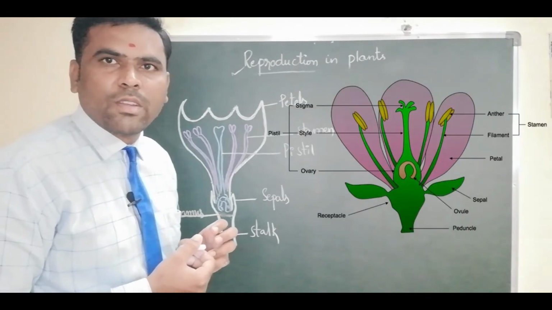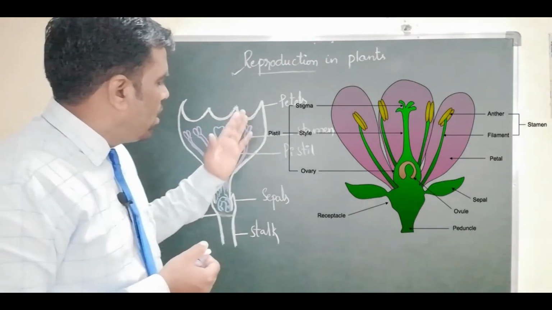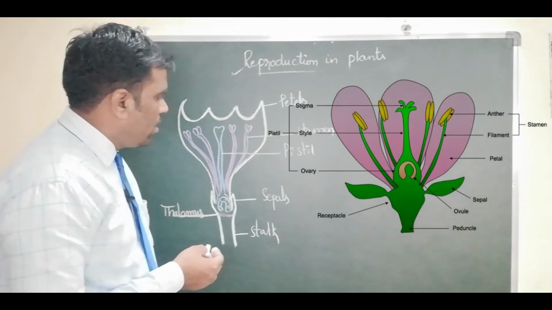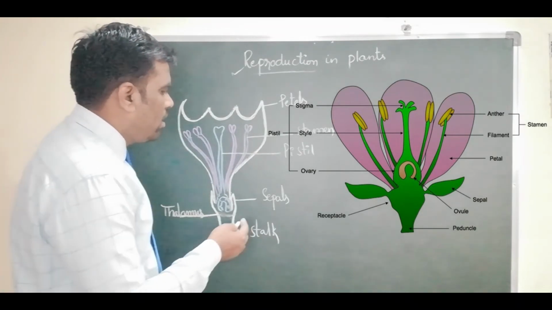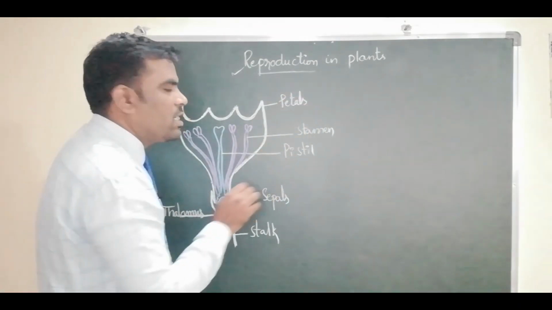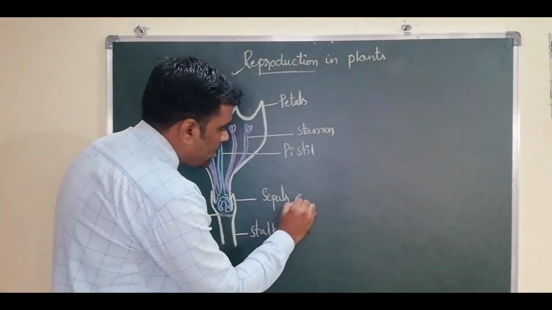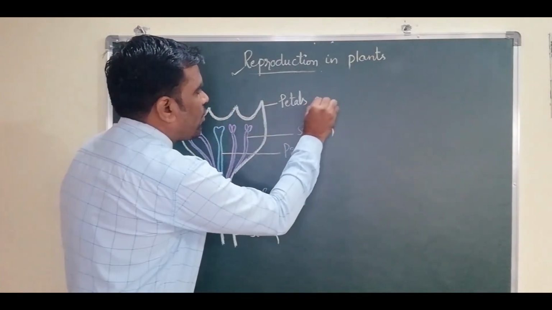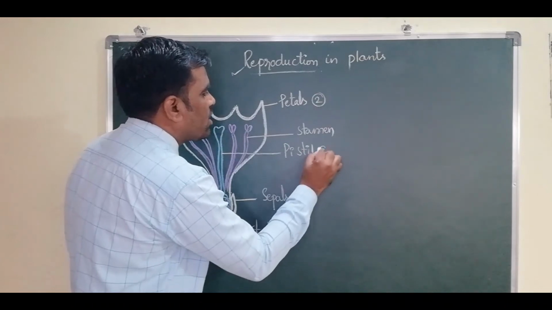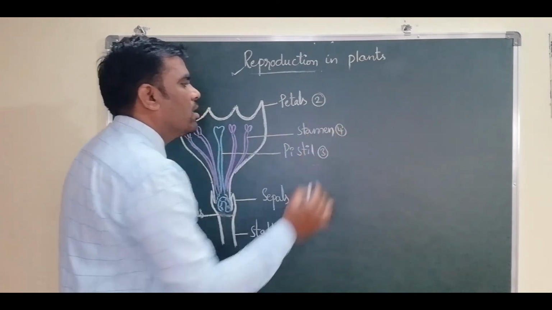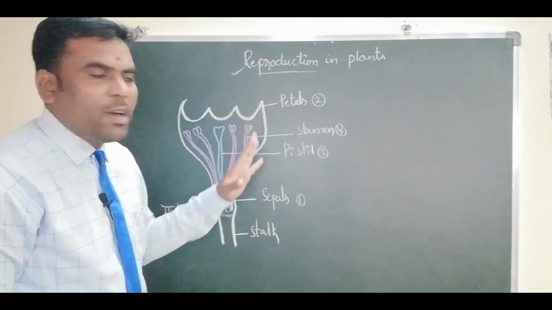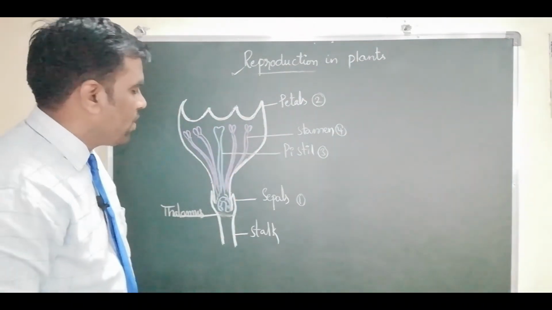Most of the flowers have the same parts. Now let us observe. The flower has four major parts: one is sepals, the second is petals, the third is pistil, and the fourth is stamen. These four parts are present in the flower.